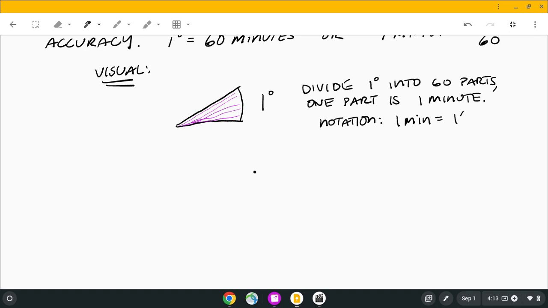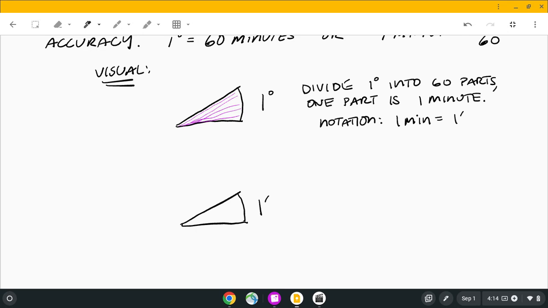Now I'm going to go ahead and draw 1 minute, zoomed in. I know they all look like they're 45 degrees. So zooming in on one of these little slices, which is 1 minute.